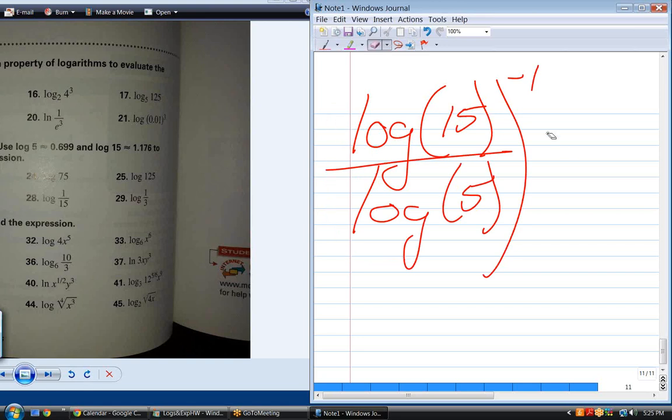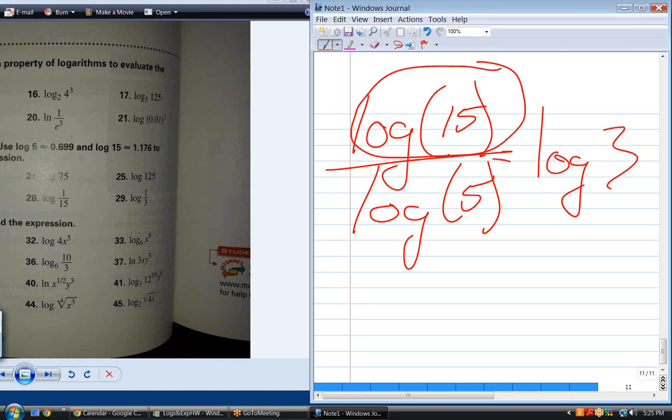First of all, let's be clear that this does not mean this. Okay? This is just a division of two logs. It's not the same as log of 3. This is the same as log of 3.